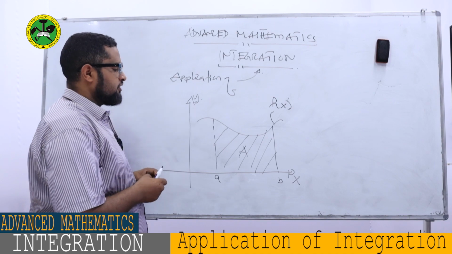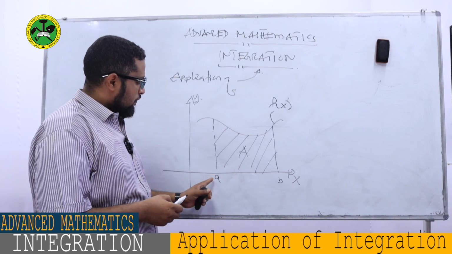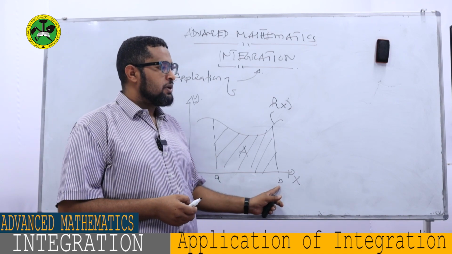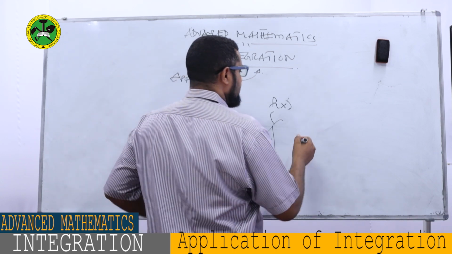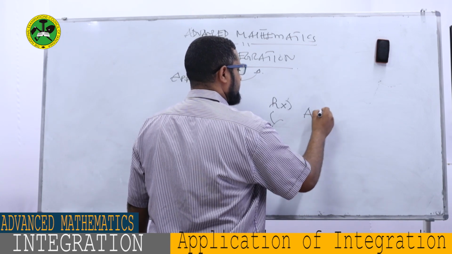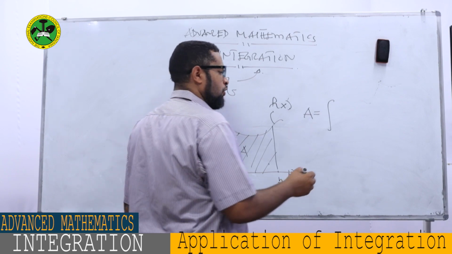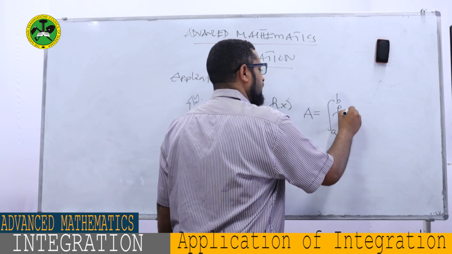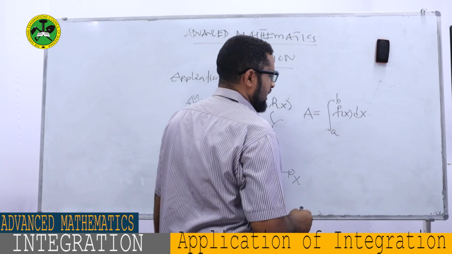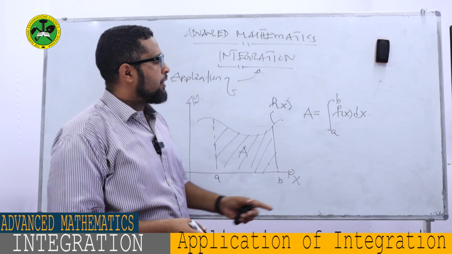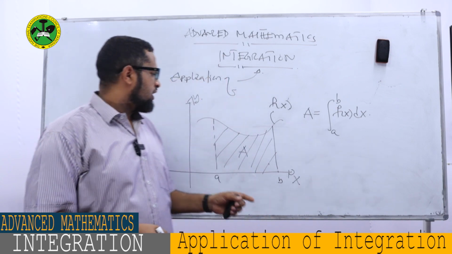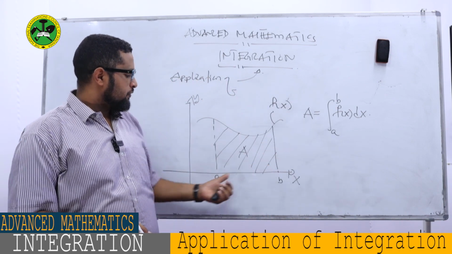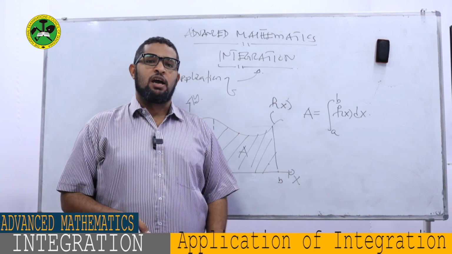The formula for finding area in that case is given by the integral from A to B of the function f of x dx. Why are we writing the x? Because the graph of the curve is drawn with respect to the x-axis.